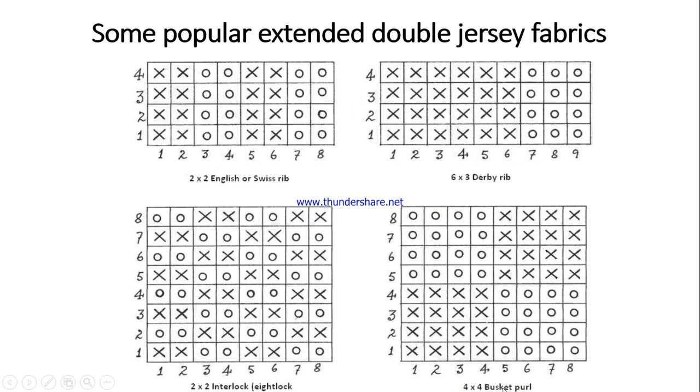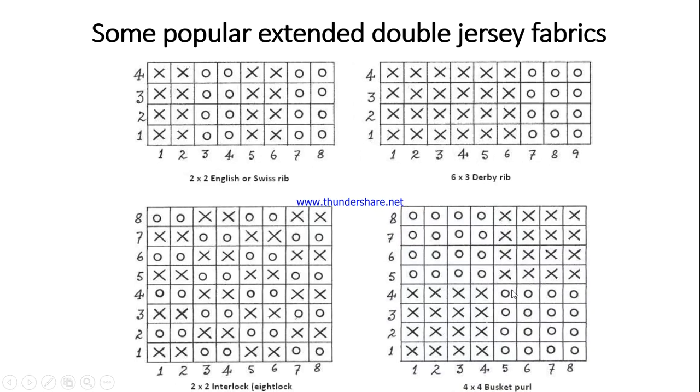Now 4x4 basket purl. In purl you can remember there will be the alternation of the loops in course-wise direction. You can see 4x4 basket purl. You know the basket weave in case of woven structure. Here 4 consecutive face loops will be there, then 4 consecutive back loops.